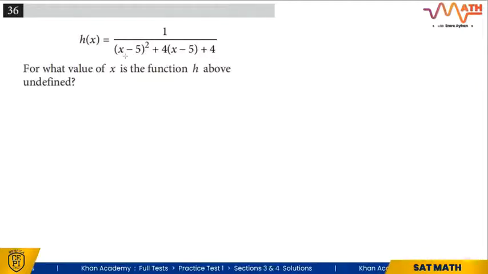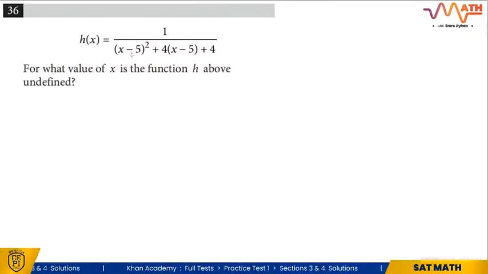But here we have x minus 5 squared plus 4 times x minus 5. We can expand the squares and find the possible answer here. Or we can substitute: we can say that x minus 5 is equal to a. Then we will obtain a quadratic equation, and we can find where it is undefined, and then find the possible value of x.